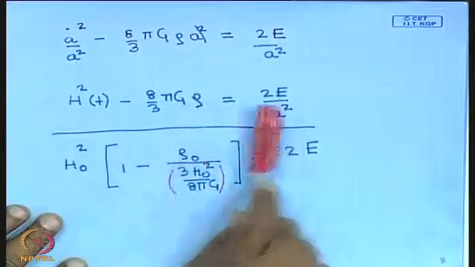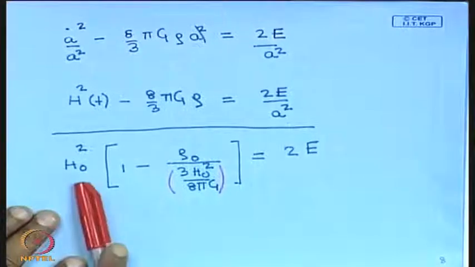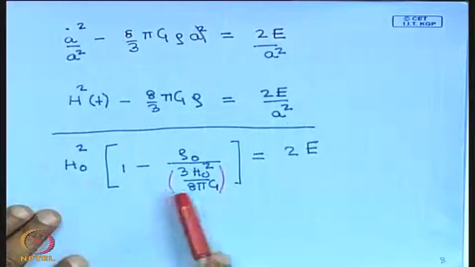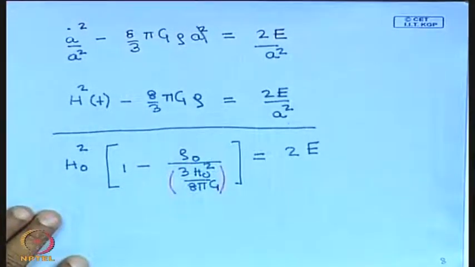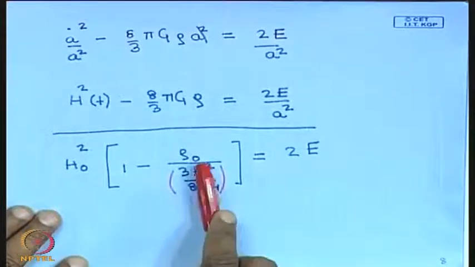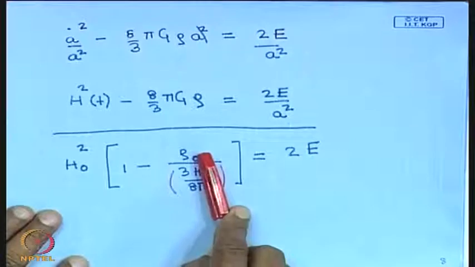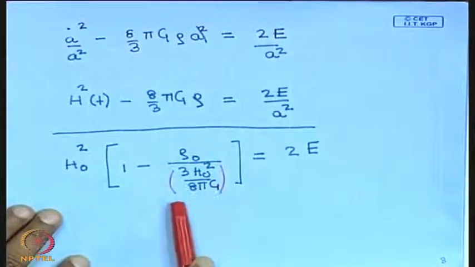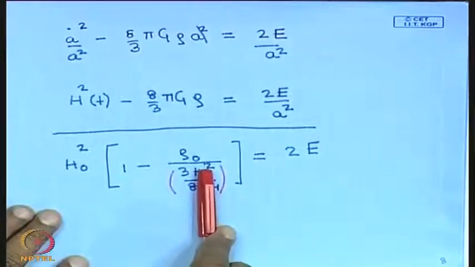If you take this equation and write it at present, then you have this relation between the constant E, the energy, and H naught square, and this dimensionless ratio over here. In this dimensionless ratio we have the present density of the universe in the numerator. In the denominator we have something of the dimension of density, which is determined by the value of the Hubble parameter.